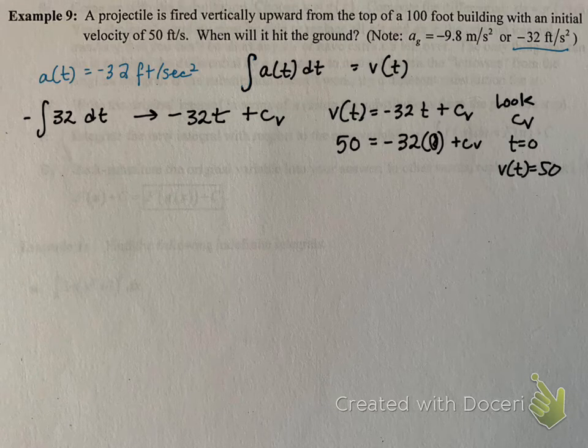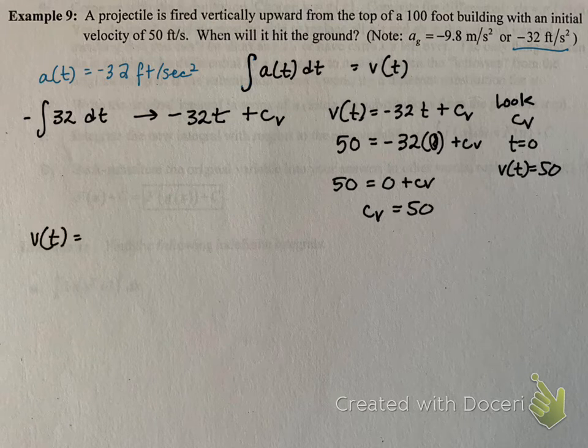Okay, so when I solve that, I get 50 equals 0 plus CV. So the constant of velocity equals 50, which we expected because that's what they told us it was. All right, so the velocity function officially is going to be negative 32t plus 50.